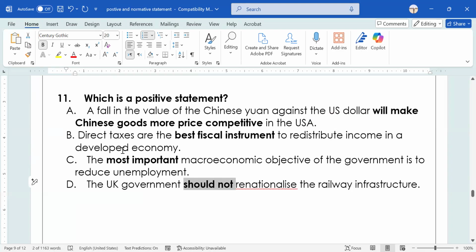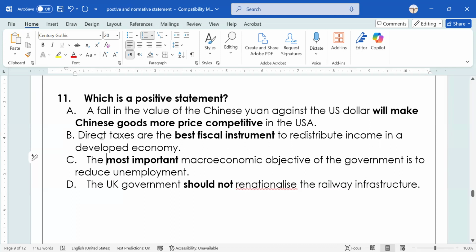How about letter C? Because the terms most important are very subjective, it depends on personal or political views. So letter C is normative.